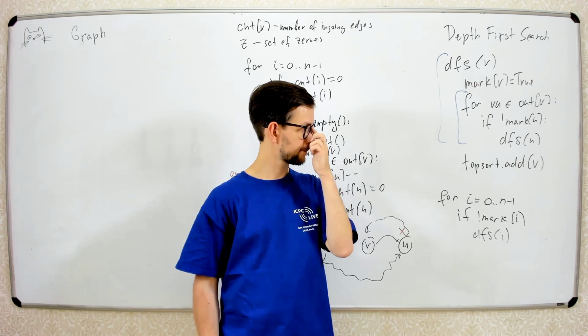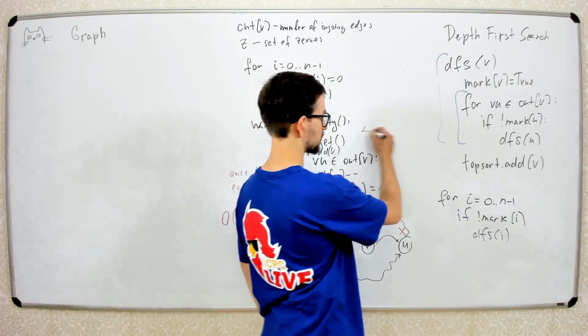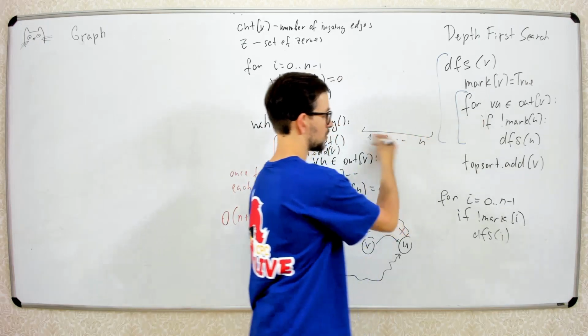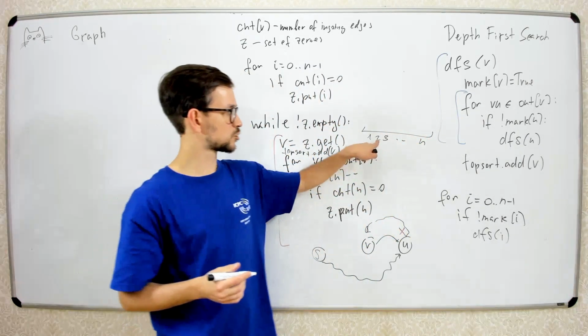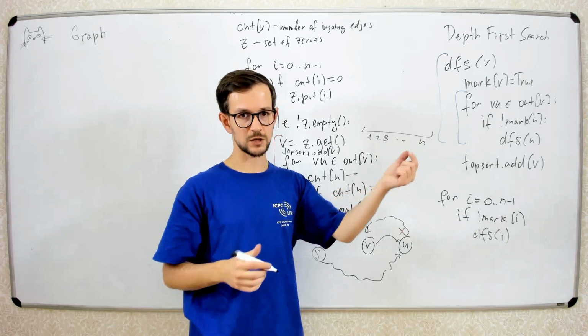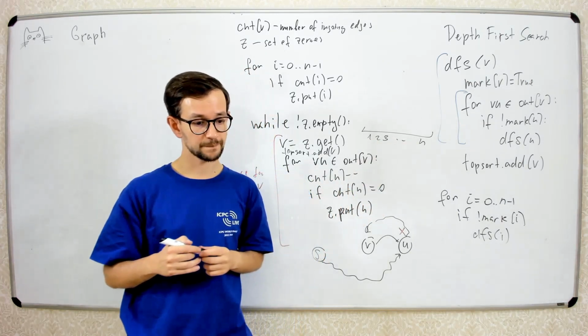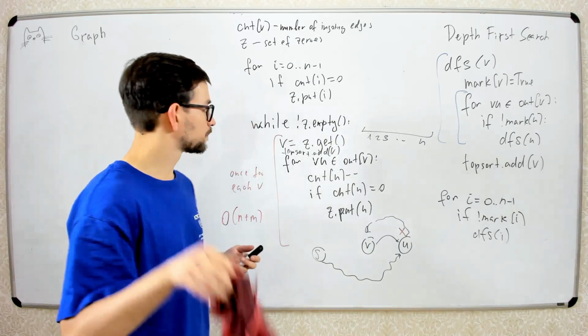So you build this topological ordering, just remember the indices of all nodes. Then you take 2 nodes, find their indices, and check if this index is less than this index. So you can do it in constant time. Cool. Final picture.